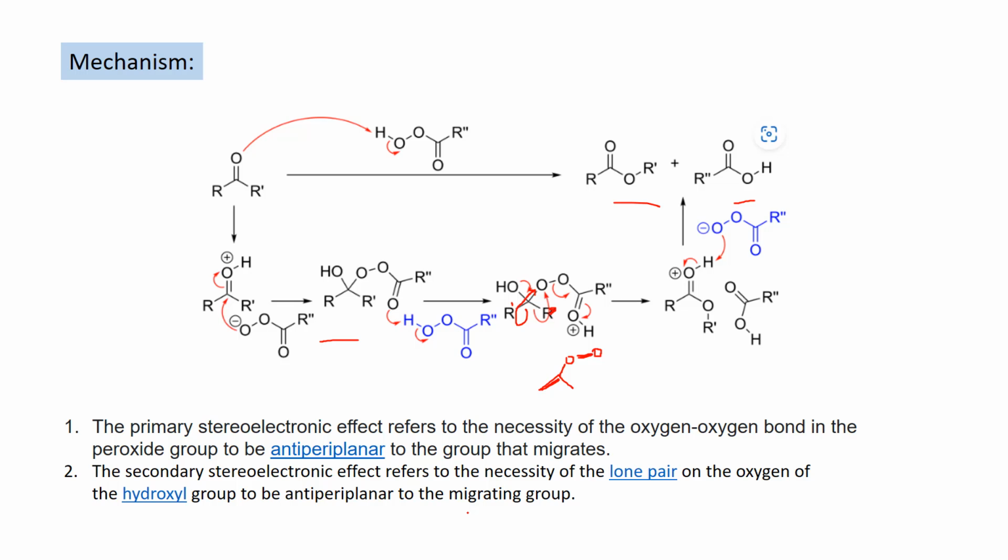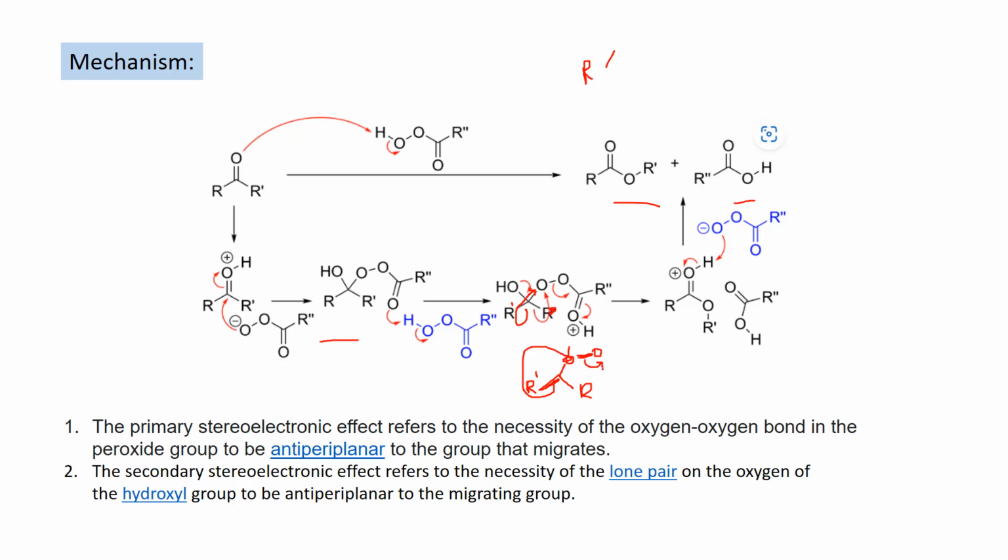I will discuss some questions, and then I will discuss some examples in the coming slides. First, here you can see that if this is R dash and this is R, these two bonds are anti-periplanar to each other, so this will migrate here and that eliminates.